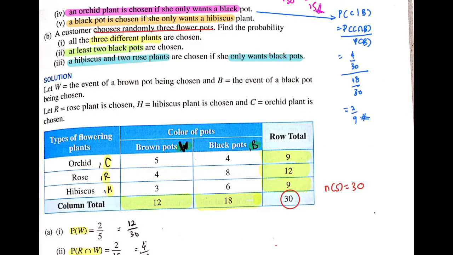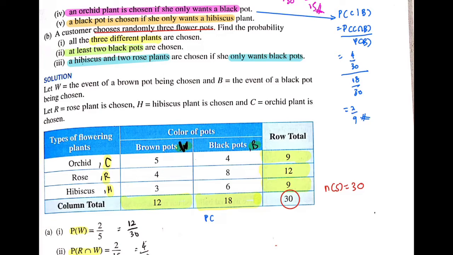Now let me show you how to use a shortcut. We can use a shortcut by looking at the contingency table. Let's look again at this question: the probability of getting an orchid, given that it is from a black pot. Now let's just focus on this black pot here. All the brown pots will be put aside. Only focus here.